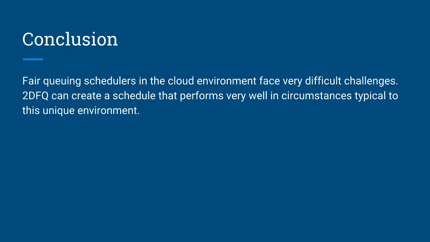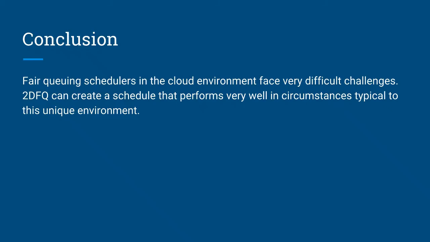Okay, moving on to the conclusion. The challenges of queuing in multi-tenant services were large cost variance, and requests execute concurrently across many threads. 2DFQ is much better than WFQ and WF square Q, which achieves significantly more fair schedules and can improve the latencies.